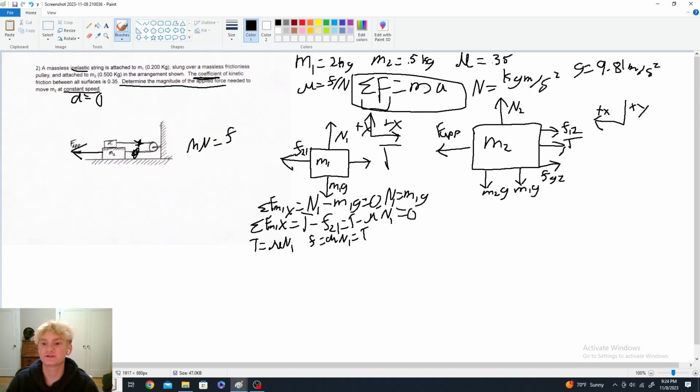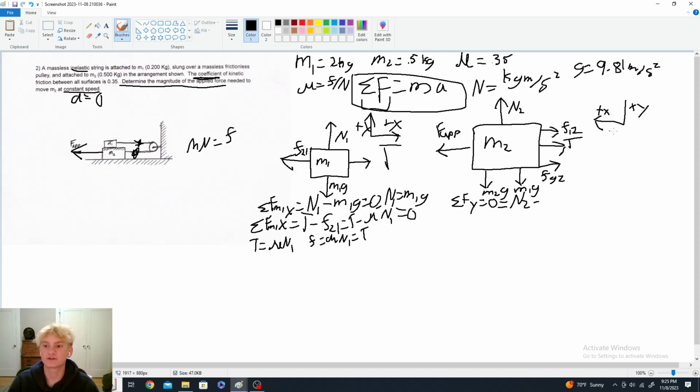But first, let's do the same thing, except this time for mass 2. So let's write sum of the forces in the y direction equals mass times acceleration, which we know to be 0, right? It's not accelerating in the y direction. And that's equal to N2 minus, right?